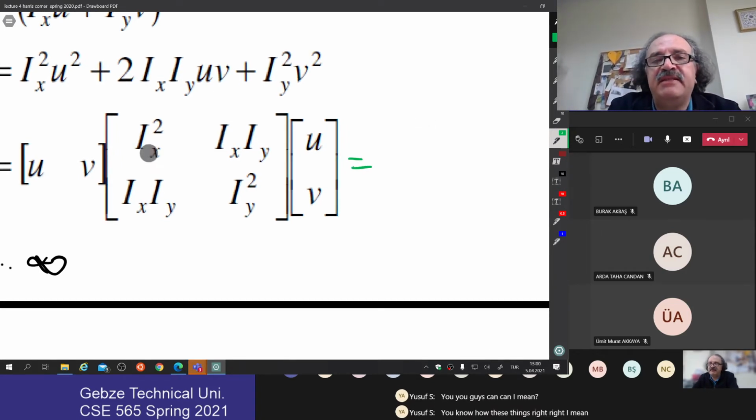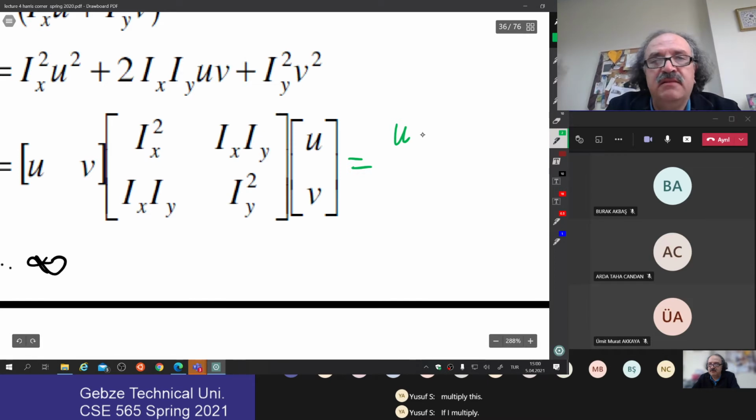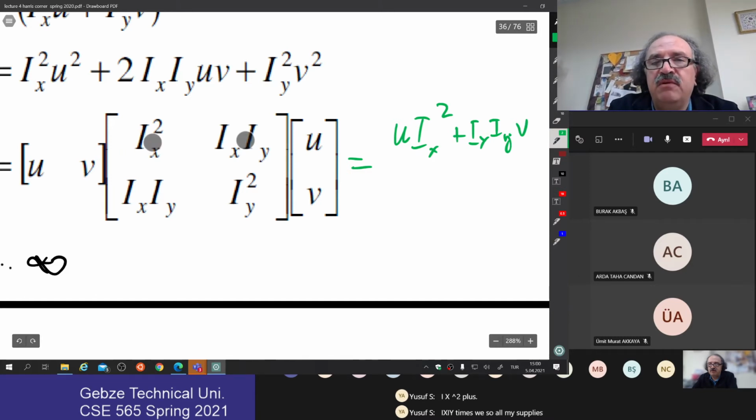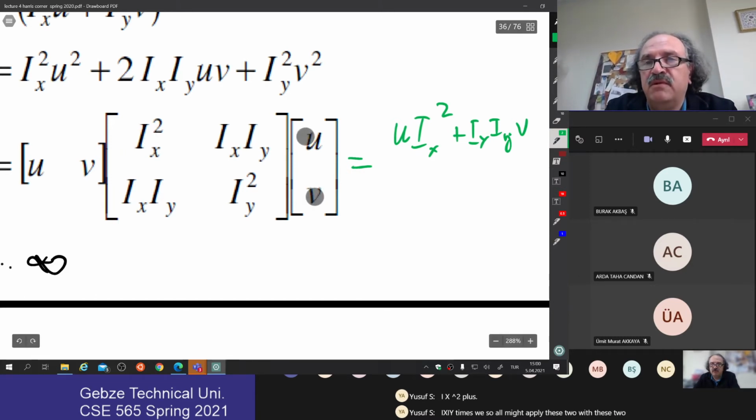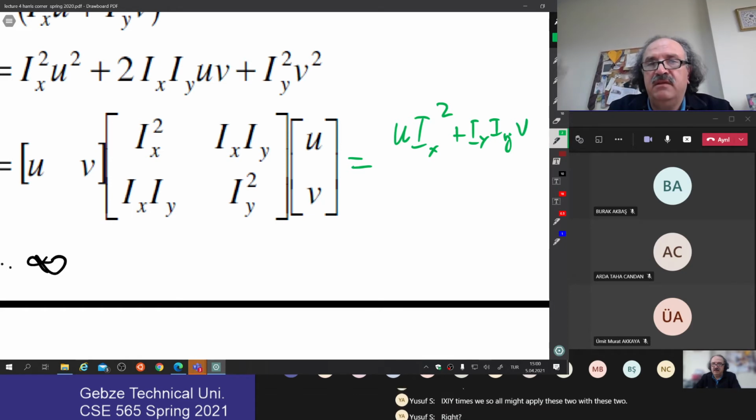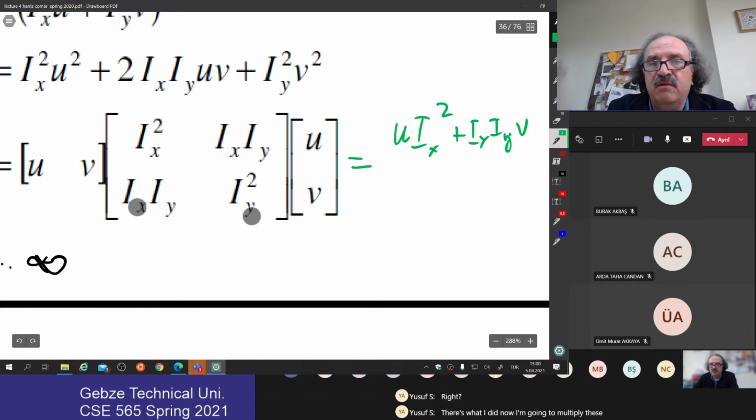Let's multiply this. If I multiply u times ix square plus ix iy times v, so I'll multiply these two with these two, right? That's what I did. Now I'm going to multiply these two with these two.